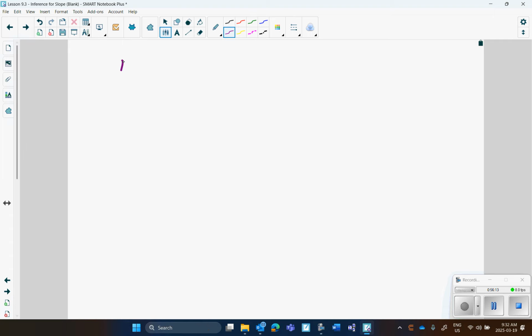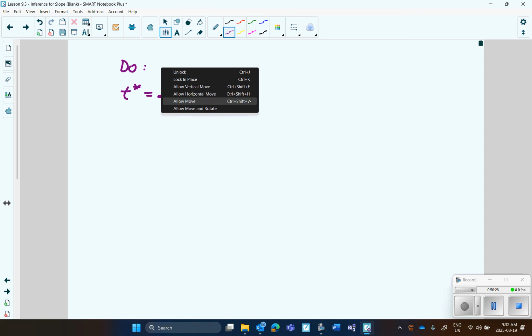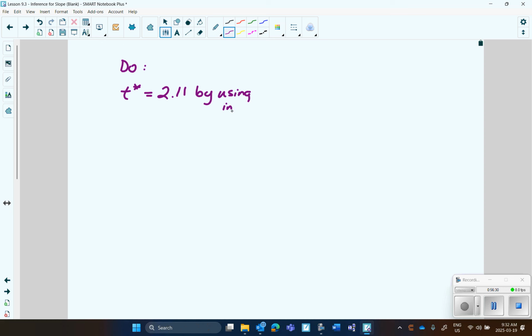Well, we've already done this. We established that t star was 2.11 by using inverse t. And then to find the confidence interval, it was what we did before.